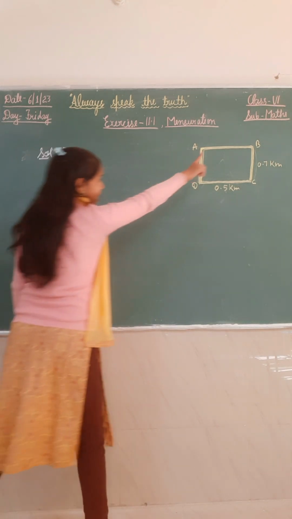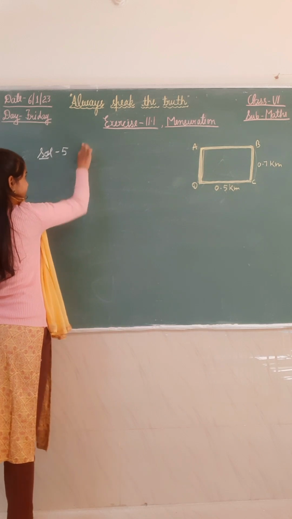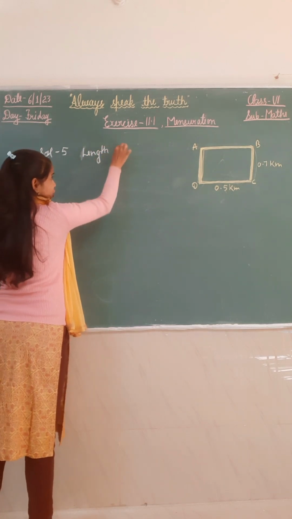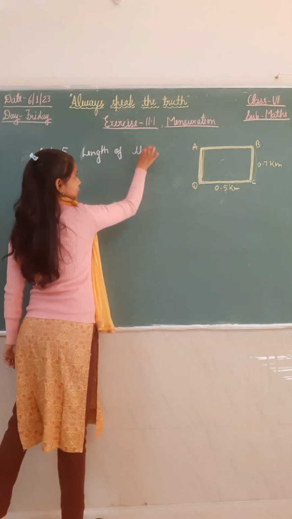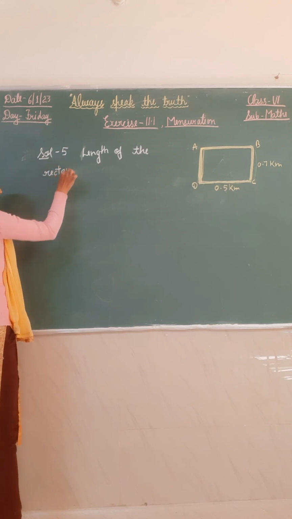Firstly we will write the length of the rectangular piece of land. Length, L-E-N-G-T-H, of the rectangular piece of land.